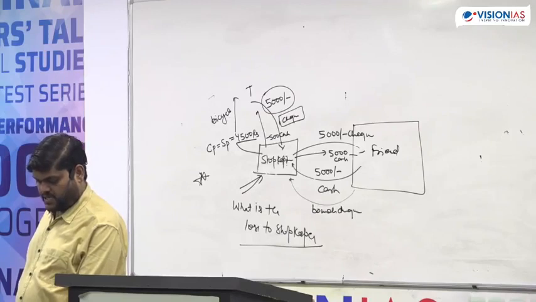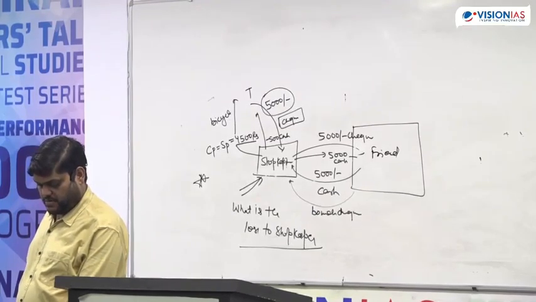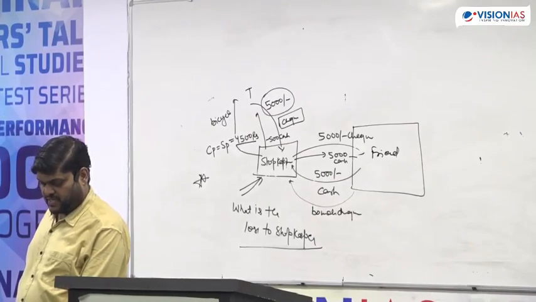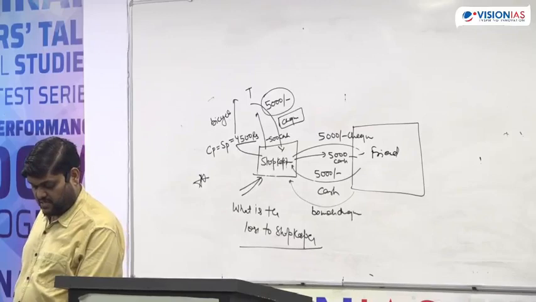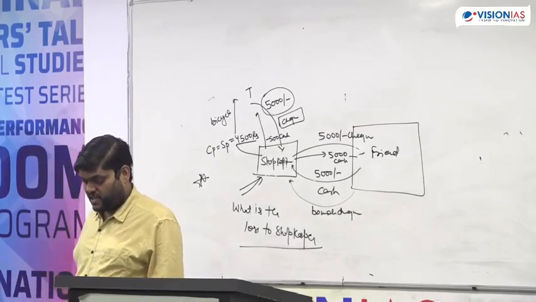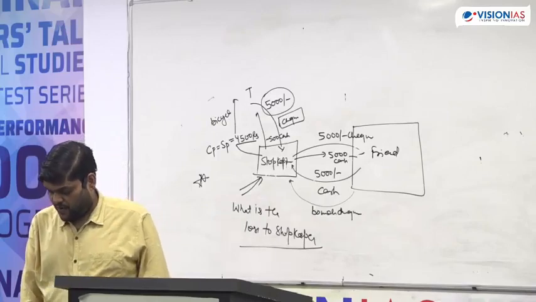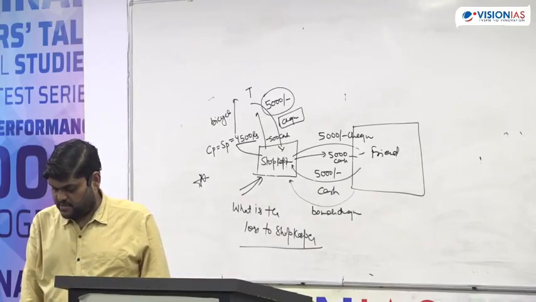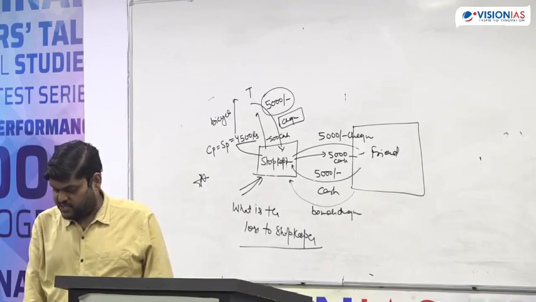Okay, some answers I am getting, actually the page was not refreshing. Many of you have given the correct answer. I have just seen 10,000, 9,500, 10,000, 5,000 Vinay, then 4,500 Dinesh.